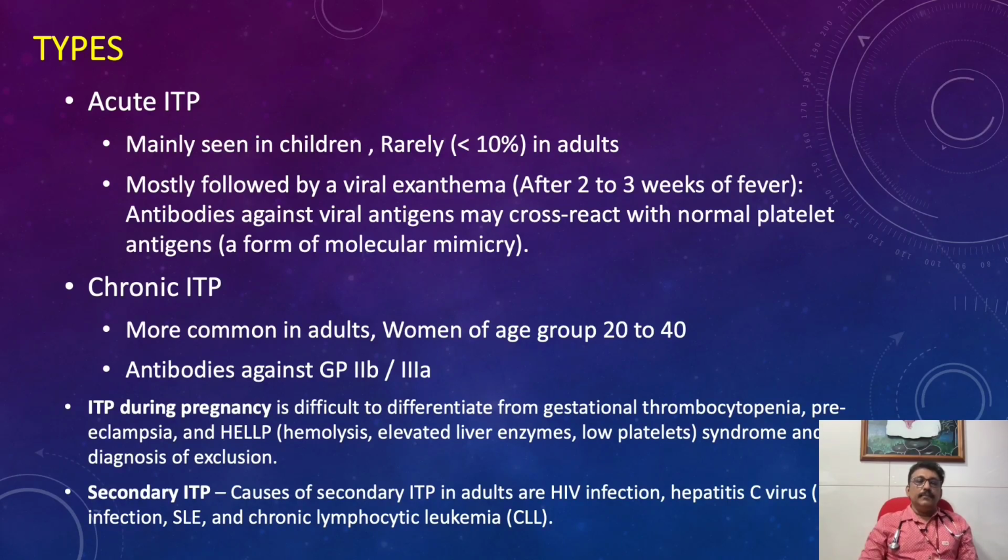That is called ITP during pregnancy. There are other causes for that also, but ITP can come into the picture. Secondary ITP can be seen in patients with hepatitis C virus, HIV, SLE, CLL or lymphoma.